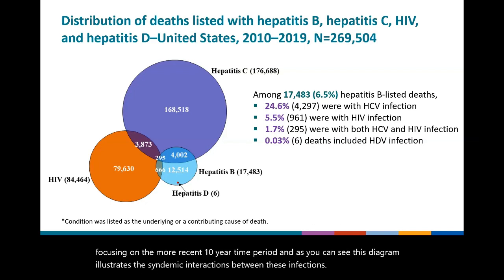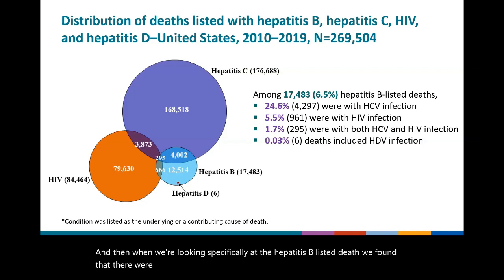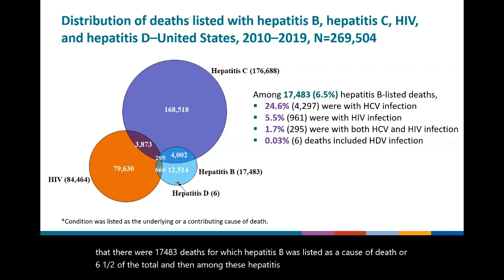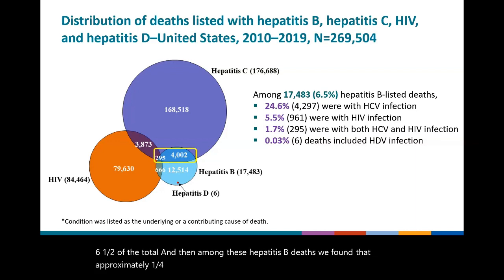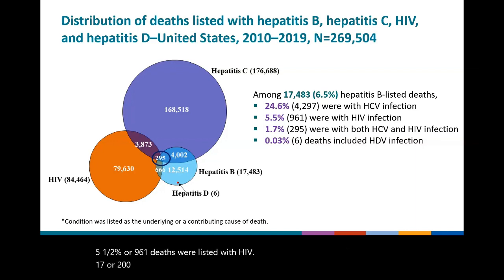And then when we're looking specifically at the hepatitis B listed death, we found that there were 17,483 deaths for which hepatitis B was listed as a cause of death, or 6.5% of the total. And then among these hepatitis B deaths, we found that approximately 1/4, or about 4,300 deaths, were listed with hepatitis C. 5.5%, or 961 deaths, were listed with HIV. 1.7%, or 295 deaths, were listed both with hepatitis C and HIV.